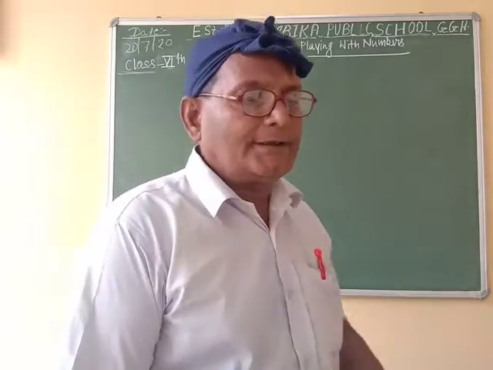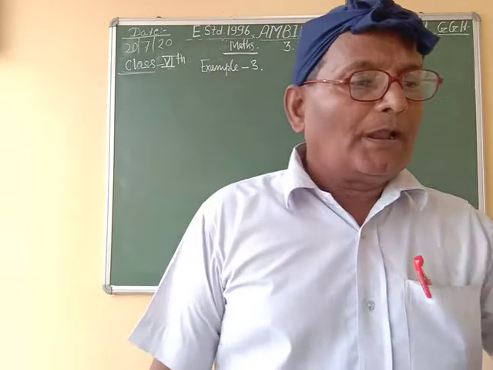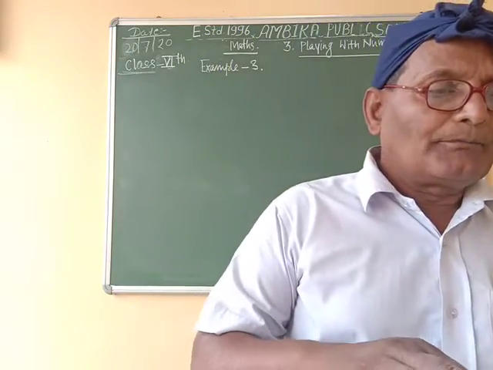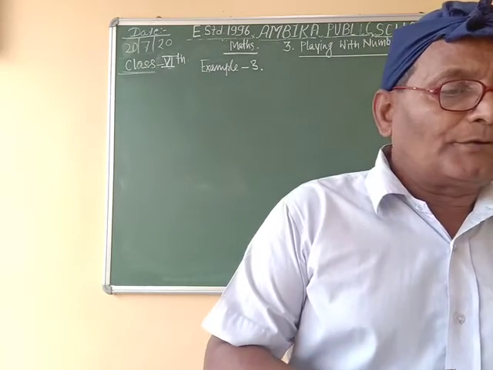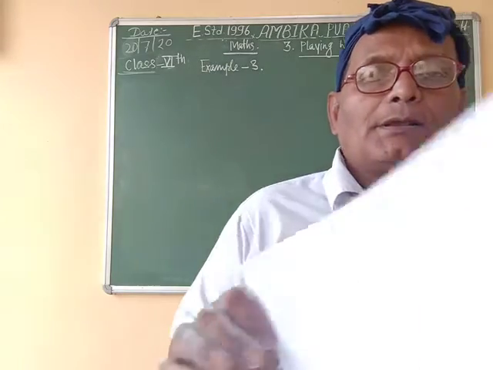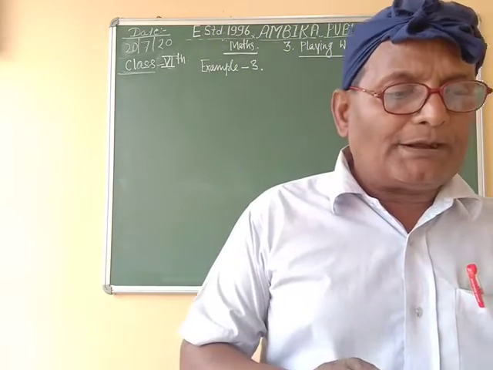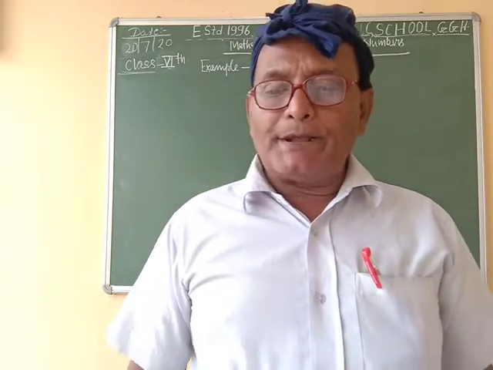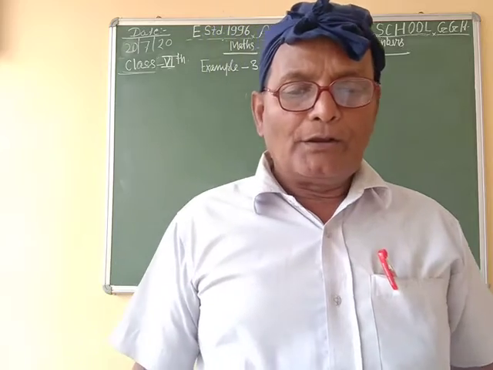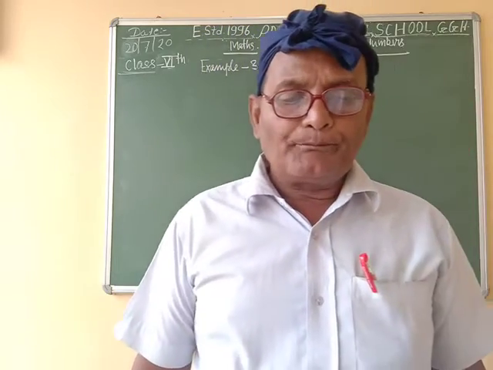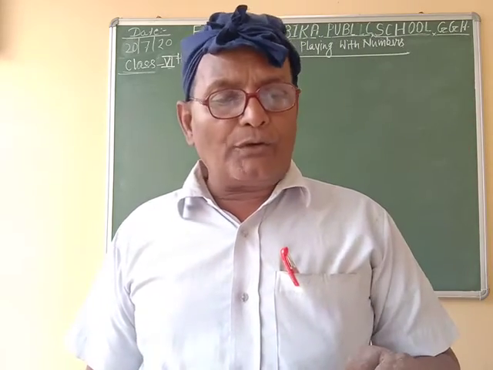Good morning, students. In the previous class, I solved some examples of chapter 3, Playing with Numbers. We have learnt how a number is divisible by 2, 3 and 4.